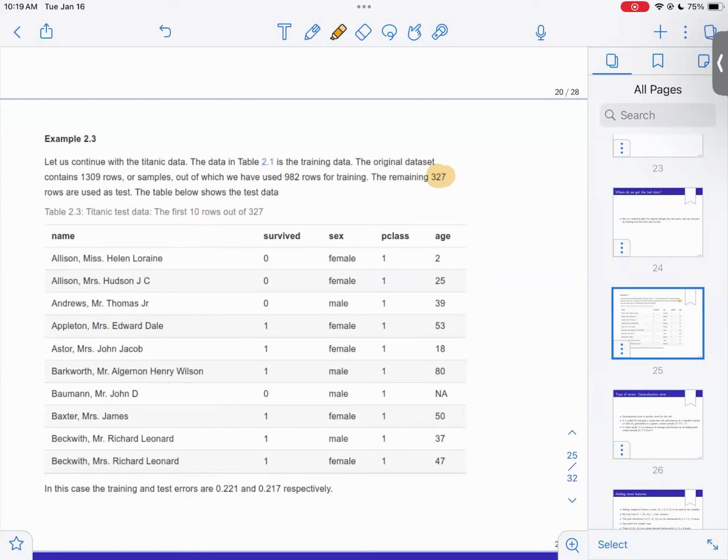The 982 is what I showed you and what we built the classifier off of. We calculated the training error. Actually, the training error is 0.22. That we have seen, because the numbers that I did were for the training. And if you do it on the test data, it turns out that the test error is 0.217, which is very close.